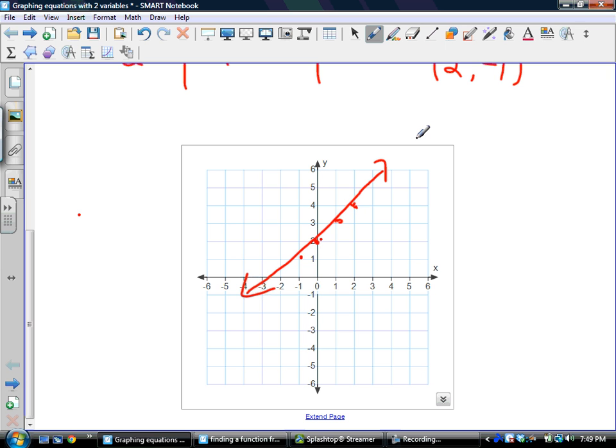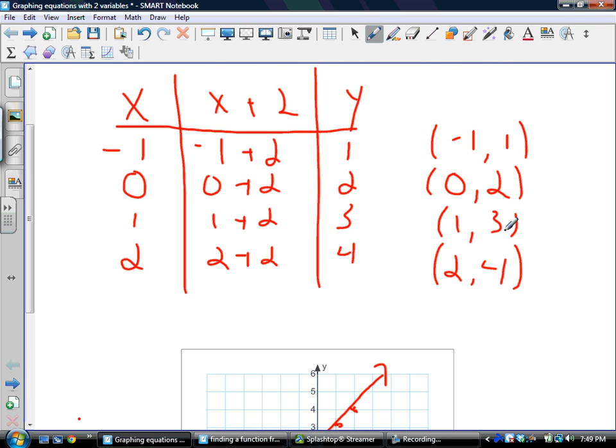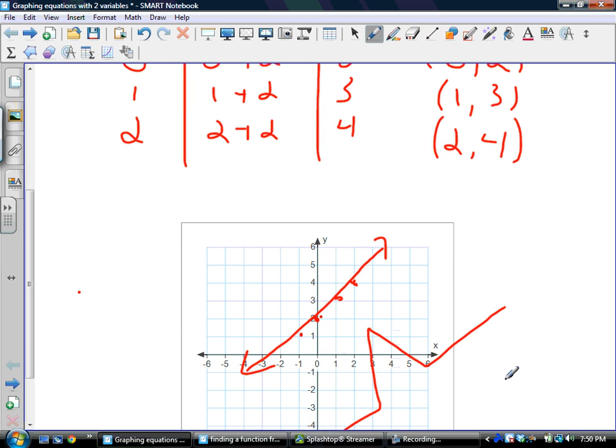If your graph goes up and then you have to jump up to hit your next point, that's not a straight line. If it doesn't come out as just a line, then you made a mistake. Go back and check your table of values, and if you didn't make a mistake there, check your graphing and make sure you graphed each of the points correctly.